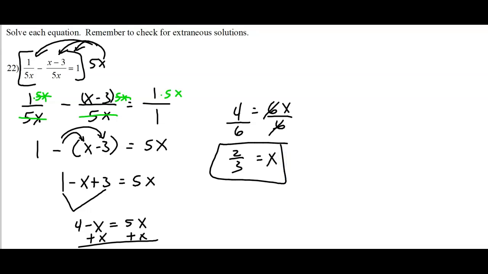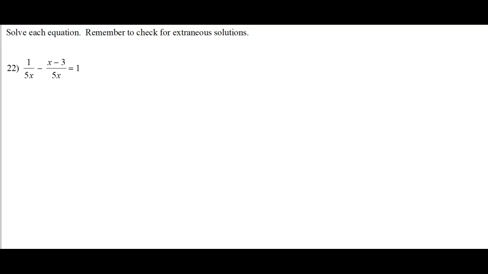And once again, just want to make sure it doesn't make your denominator equal 0. This one was a little bit redundant. I was kind of hoping to show you something a little bit more unique because there's really not very much different from this one in number 20. But that's okay. I guess that's how the ball rolls there.